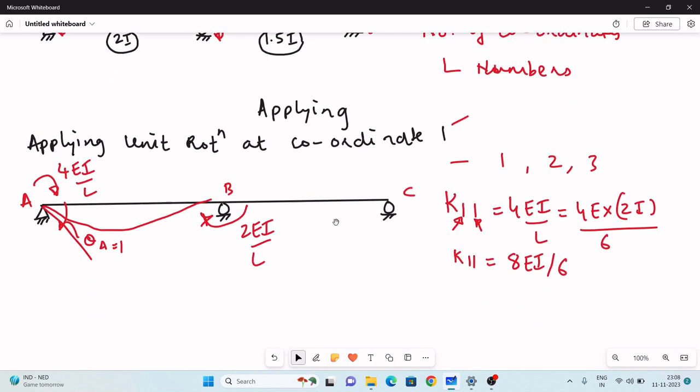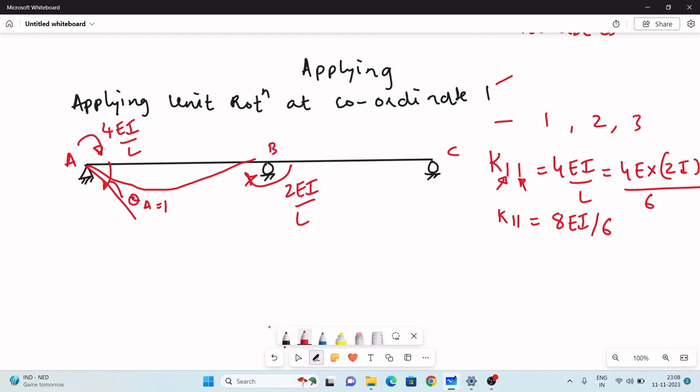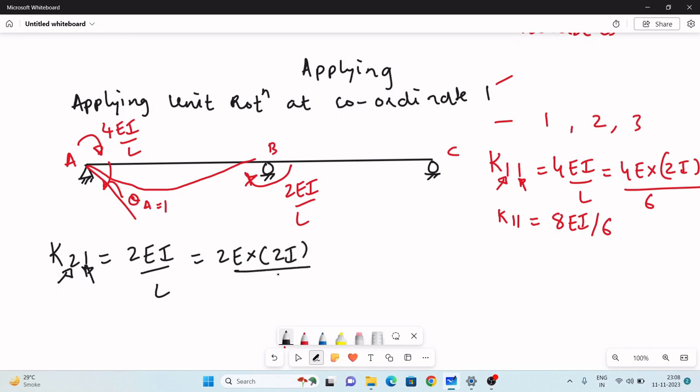Now you see what is the moment developed at coordinate 2 because of unit rotation at coordinate 1. K21: force required at 2 to produce unit rotation at coordinate 1. The force developed at coordinate 2 is 2EI by L. So you have to substitute the value of I and L: 2E into 2I divided by L. What is L here?